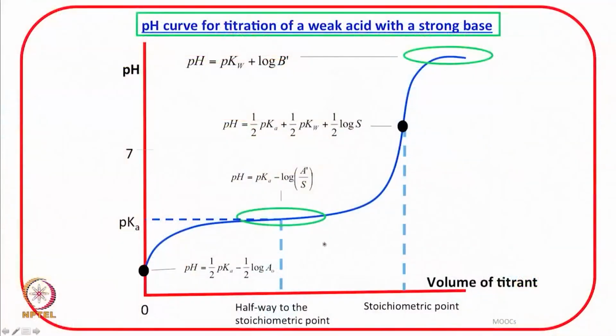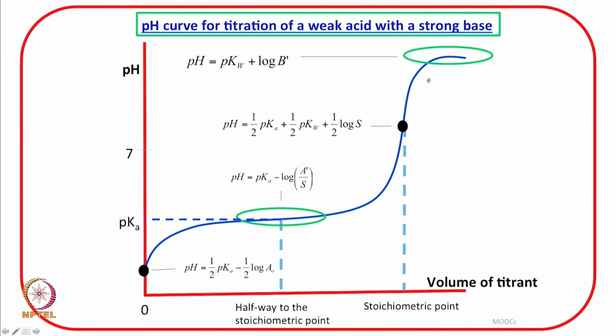Let us go back to the figure now. You continue adding alkali, and you see beyond this region, it is very sharply changing, and we will soon derive this equation at the equivalence point.